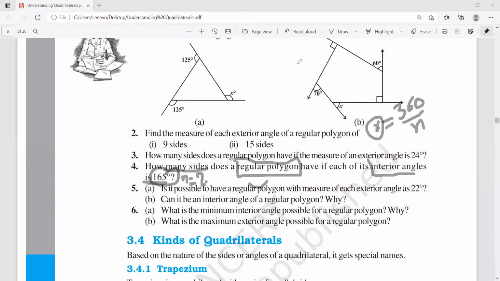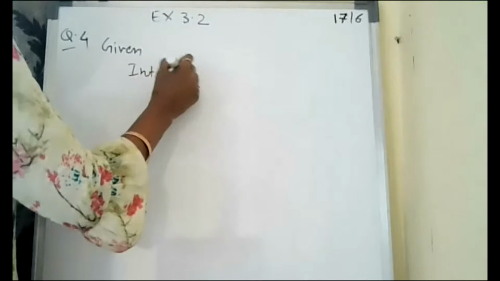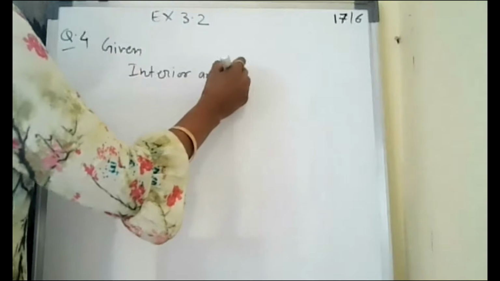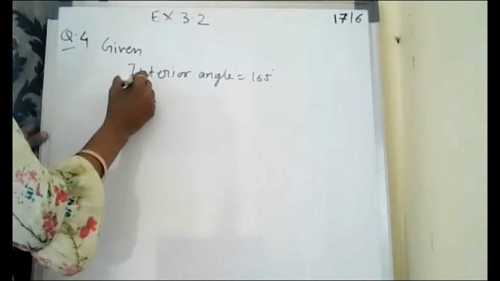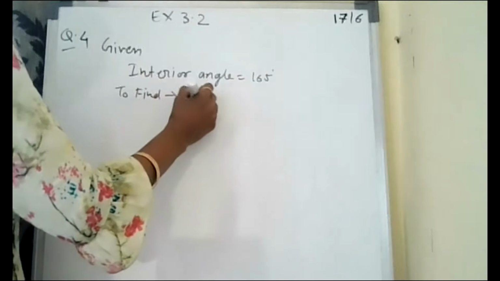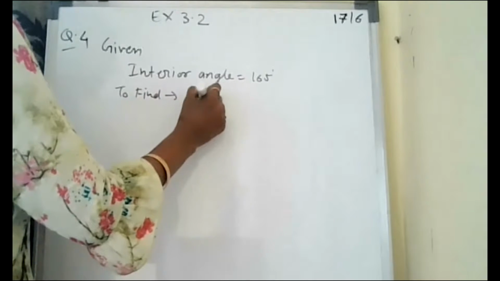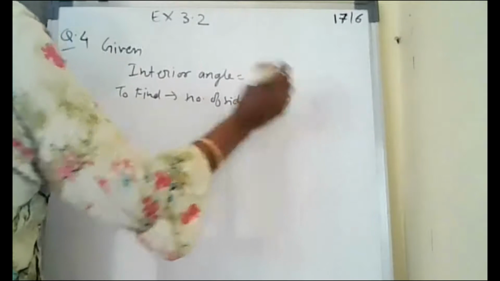Interior angle is 165 degree. And to find the number of sides means we have to calculate n.